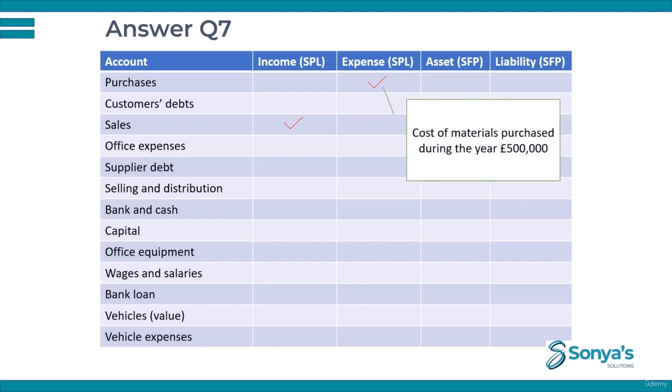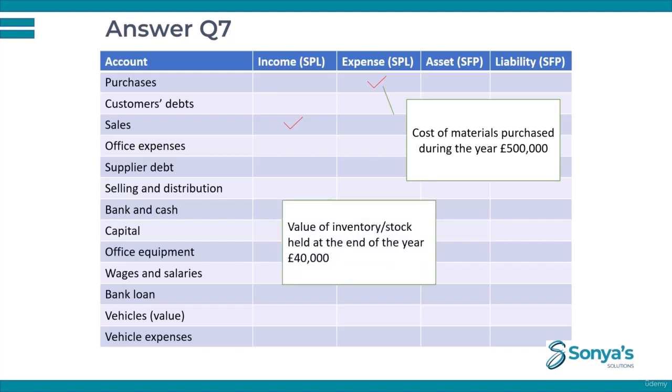The cost of purchases could amount to £500,000 during a period of trading. Much of this will have been sold to customers. The inventory account shows how much remains in stock at the time the accounts are prepared.